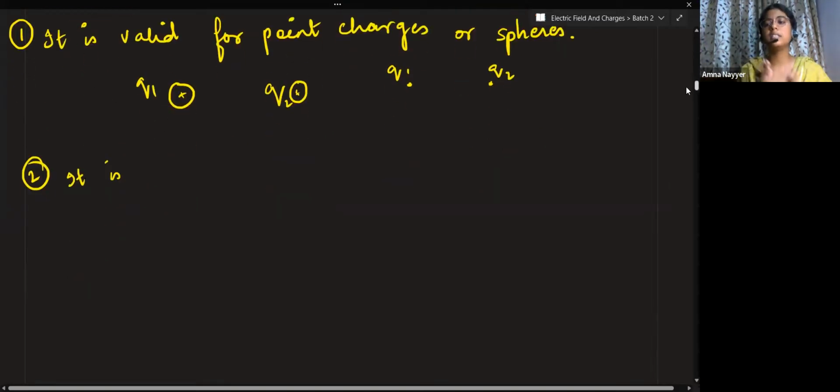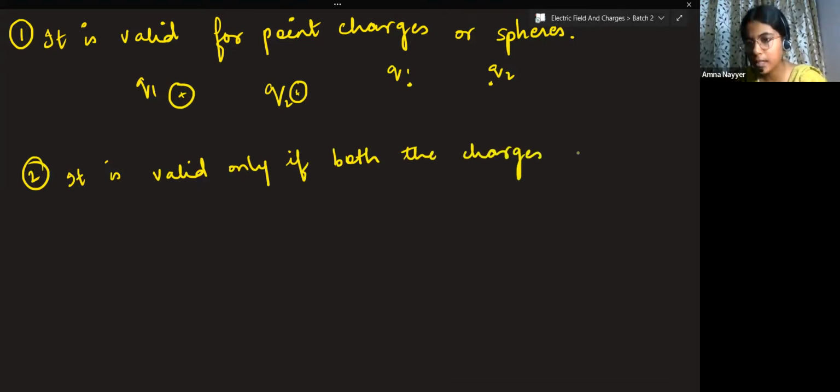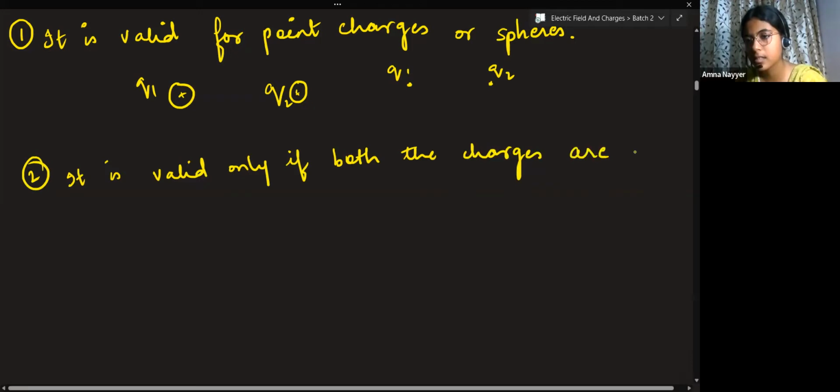Right now, this says that Coulomb's law is valid only if both the charges are static. Both the charges are static means both the charges should be at rest. Or one more thing is also valid.